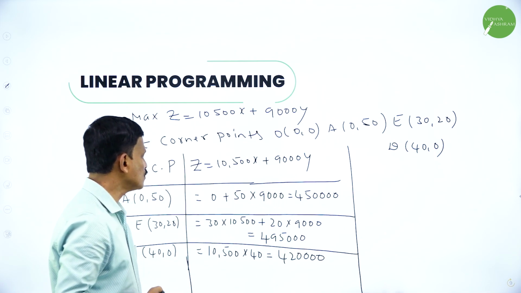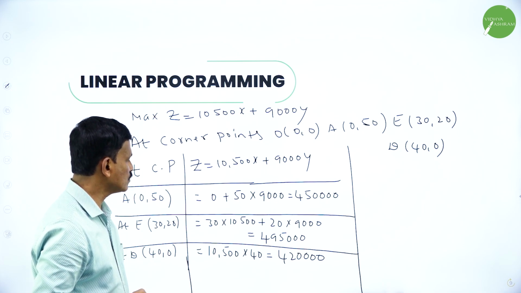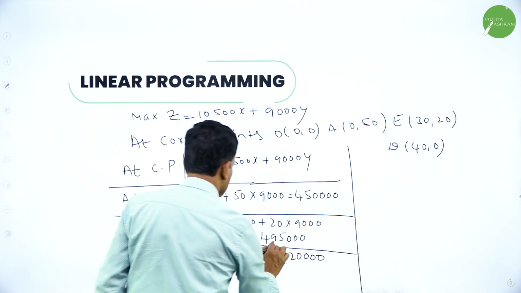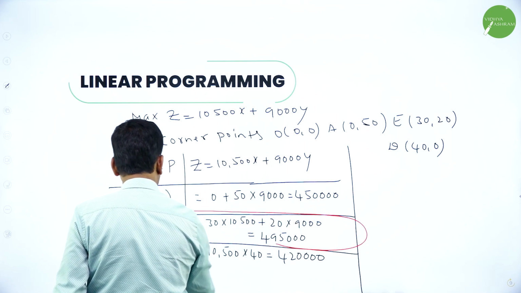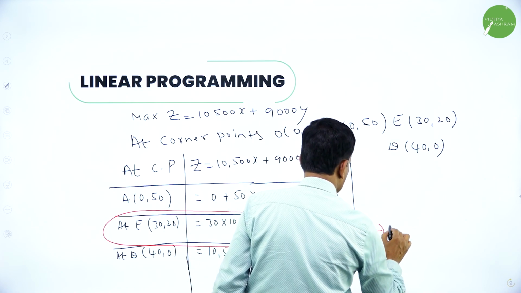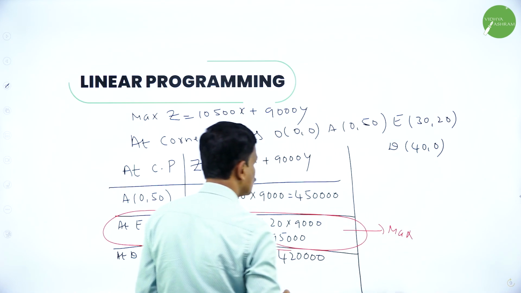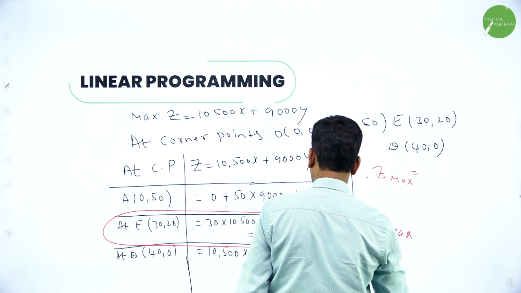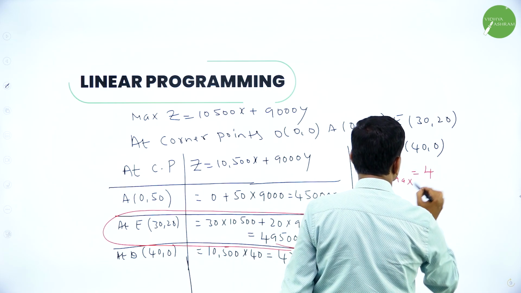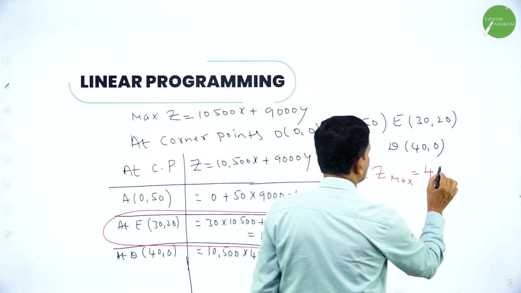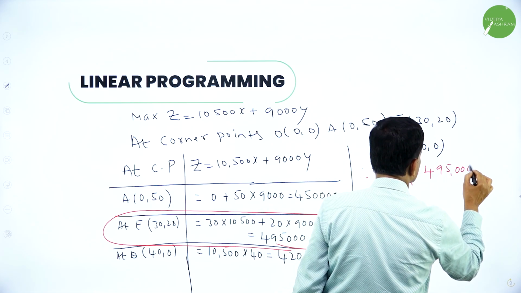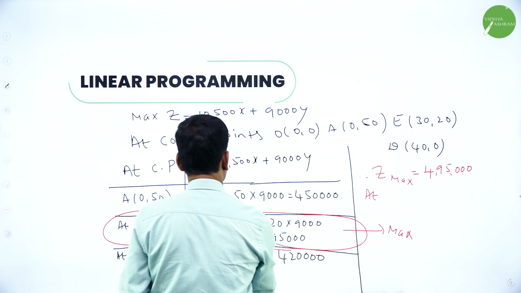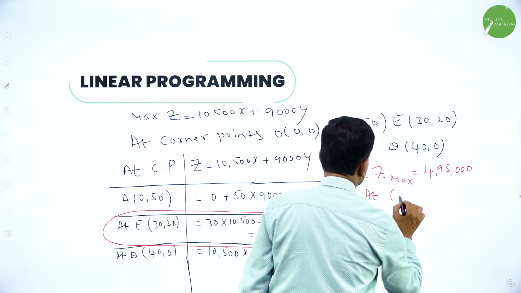So these are the values. Now what is the maximum value here? 4,50,000, 4,95,000, 4,20,000. So this is the maximum profit. Therefore Z maximum is equal to 4,95,000 at (30, 20).